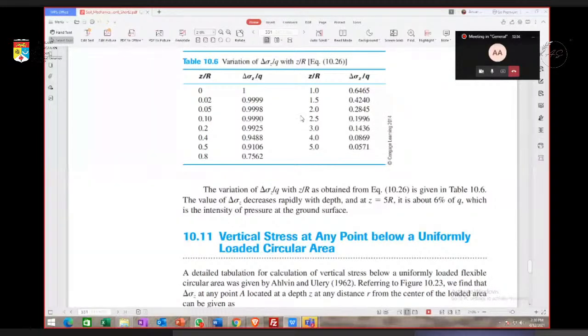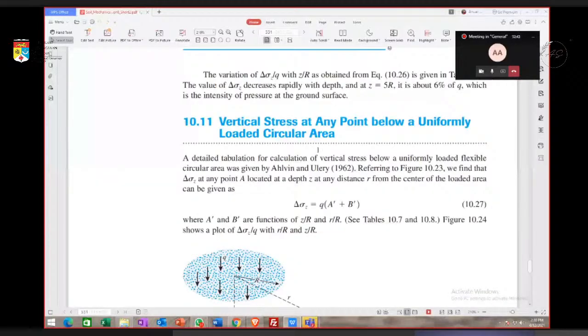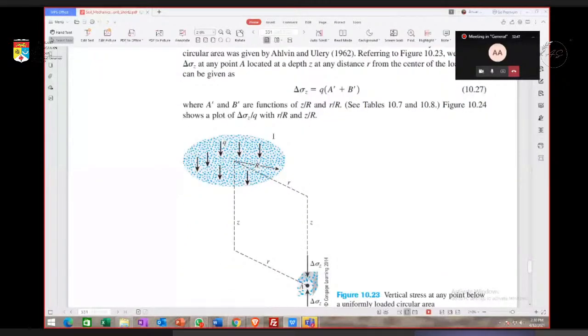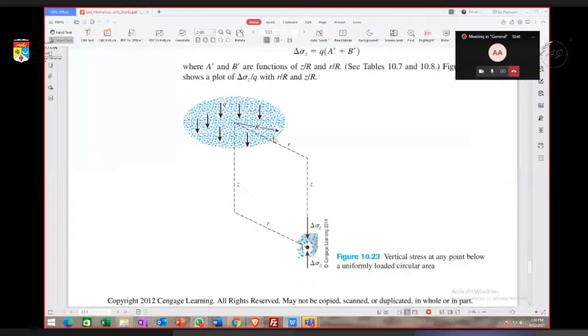And then after that, let's say this is the location of soil where we want to find the increase in stress, which is not in the middle of the circular area.